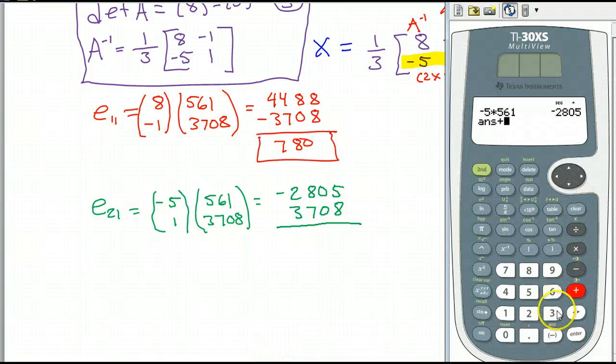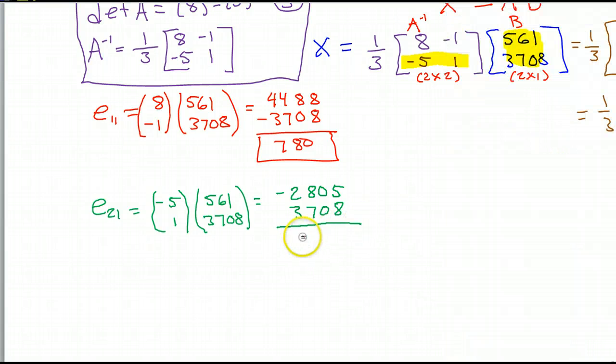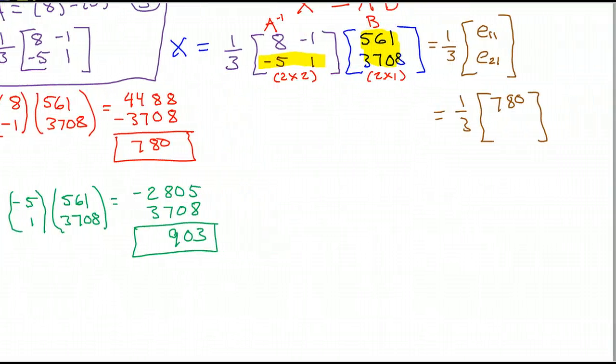So I'll just go plus 3,708. So that's 903. Okay, so that should be my second element, which I could put right there.